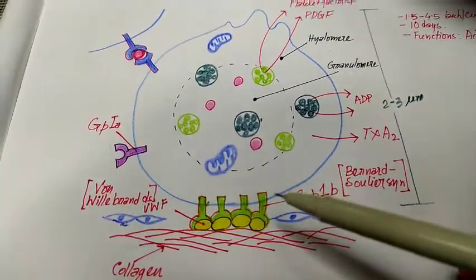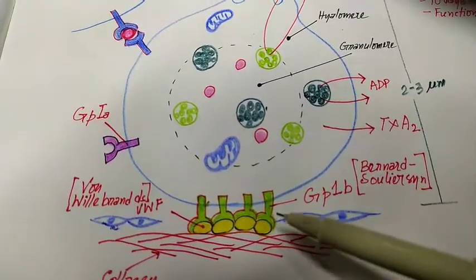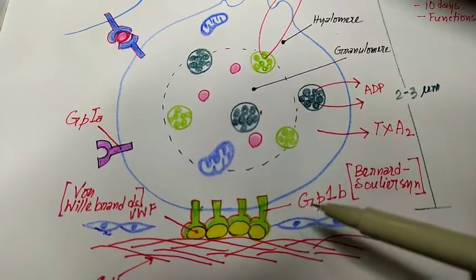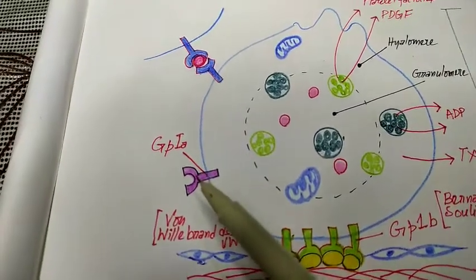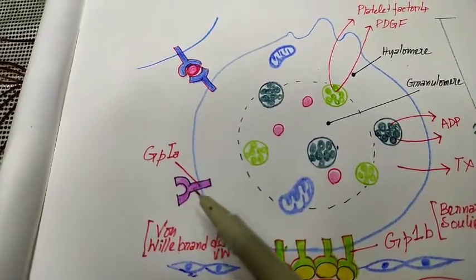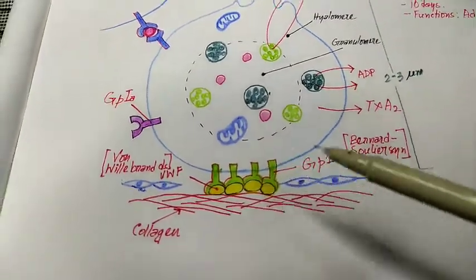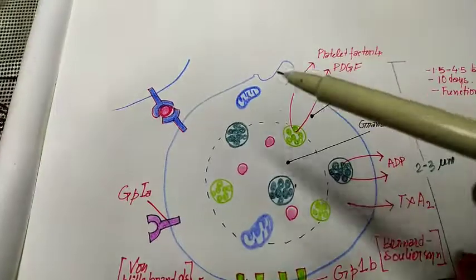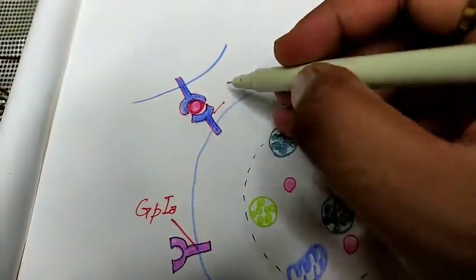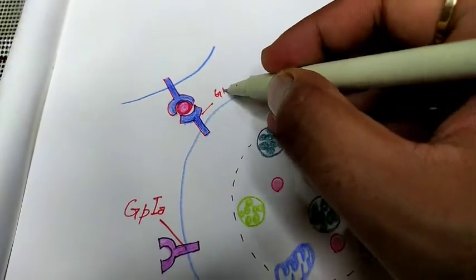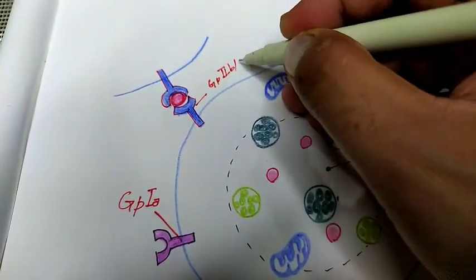Now coming to the various receptors on the surface of platelet. First, this receptor is known as Gp1b. There is another receptor that is known as Gp1a. I'll be talking about the functions of these receptors in the later part of this video. And here is another receptor that is known as Gp2b 3a.